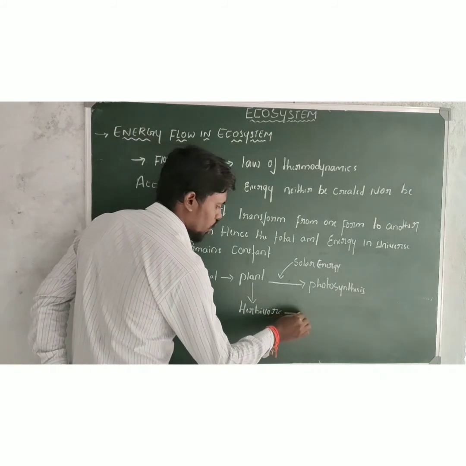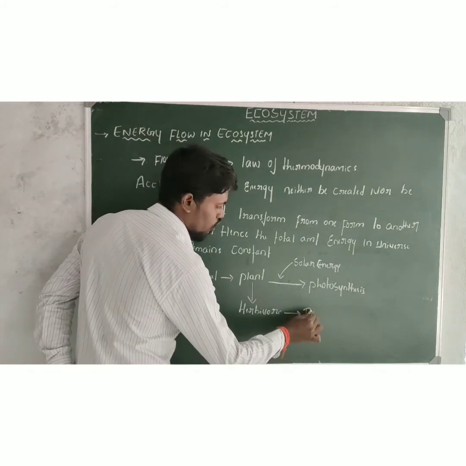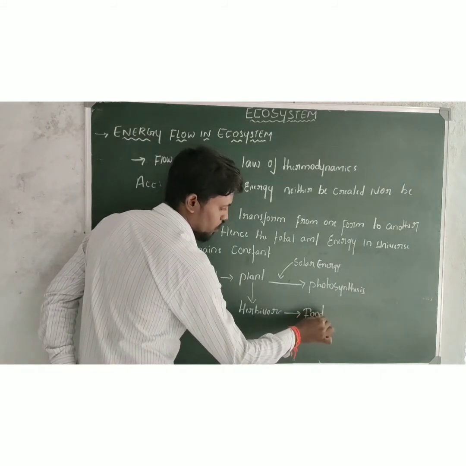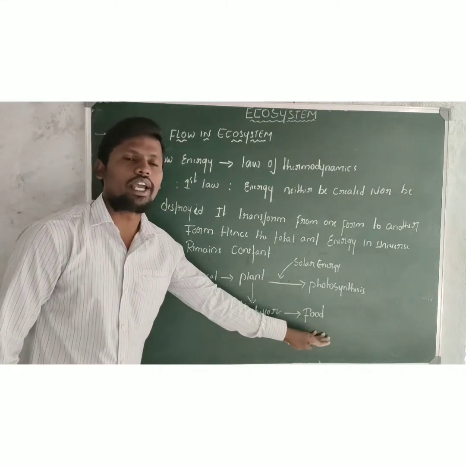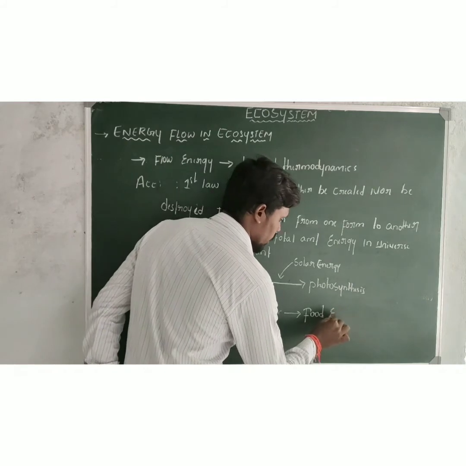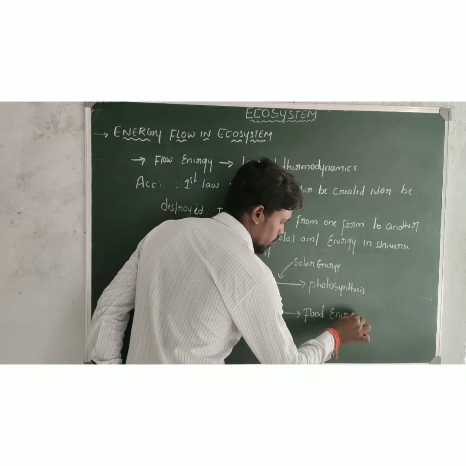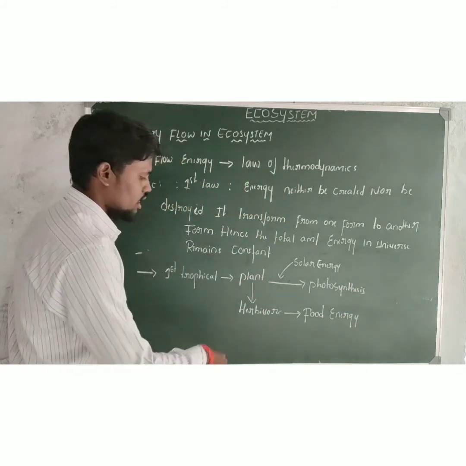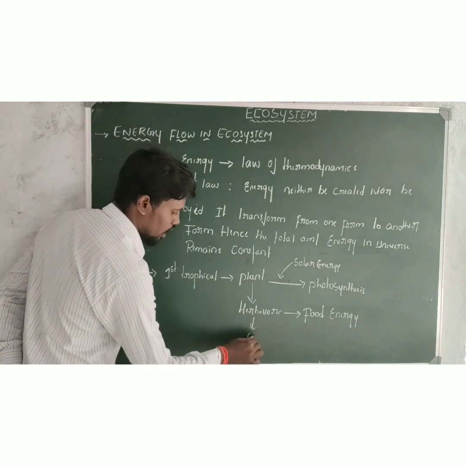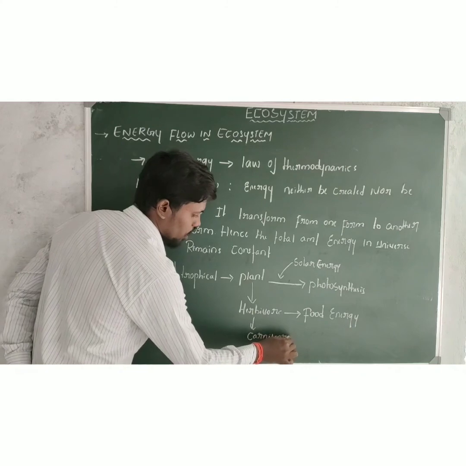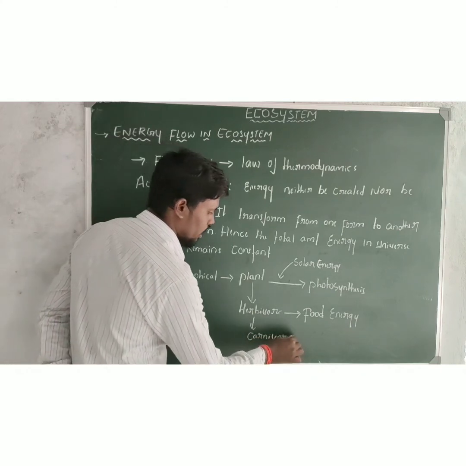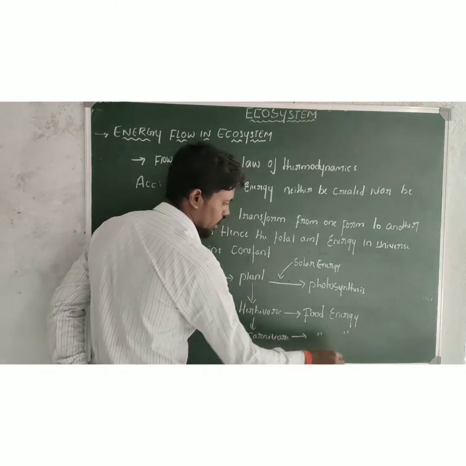This herbivore gets energy in the form of food, that is food energy, right? This herbivore is eaten by a carnivore. This carnivore also gets energy in the form of food energy.